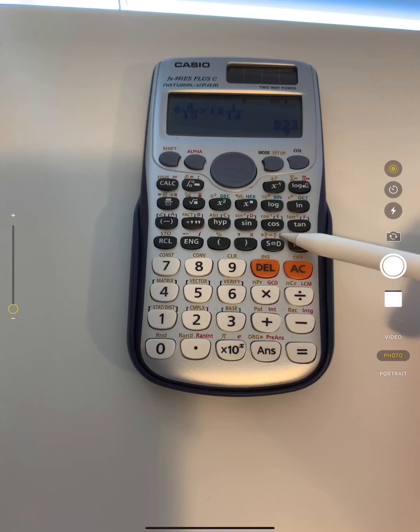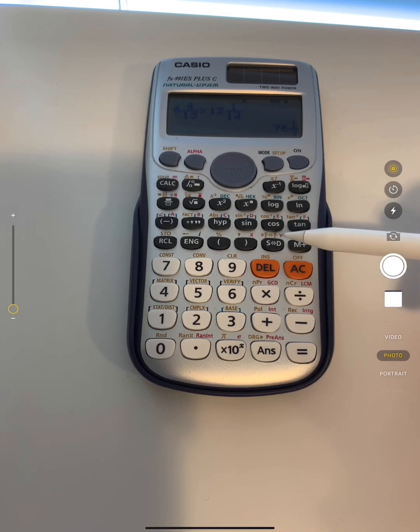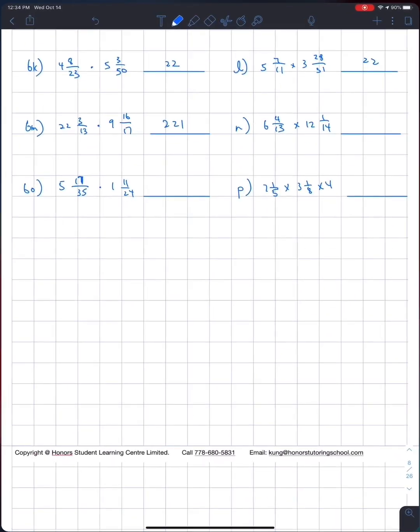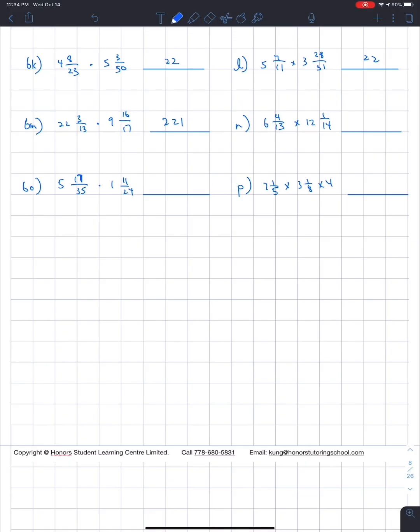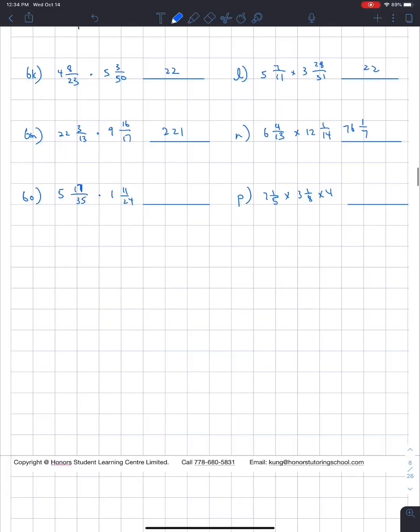So this is the button that I want to use. I will press Shift and then press that. And it tells me it's 76 and 1 over 7. So that's how I change from an improper fraction to a mixed fraction by using the calculator.